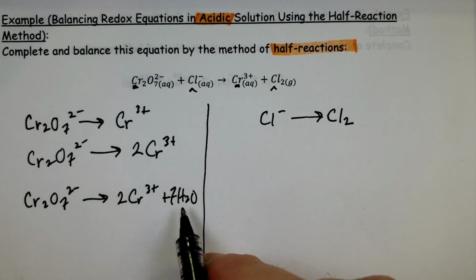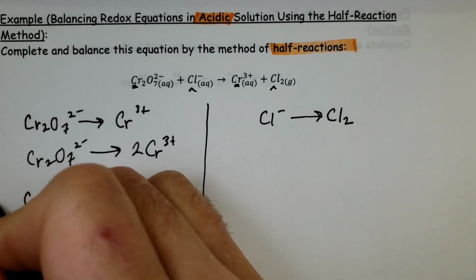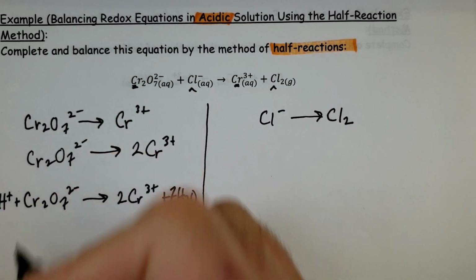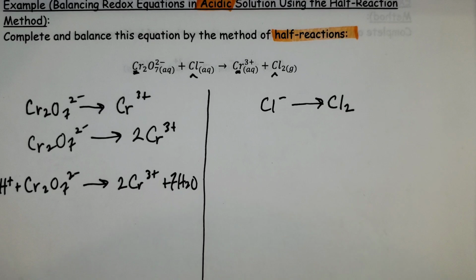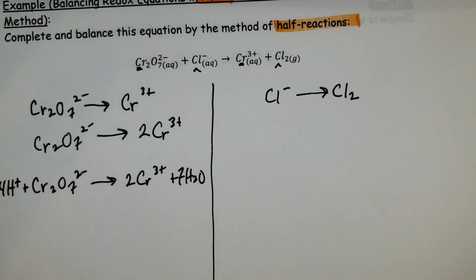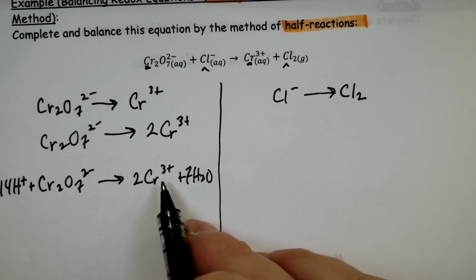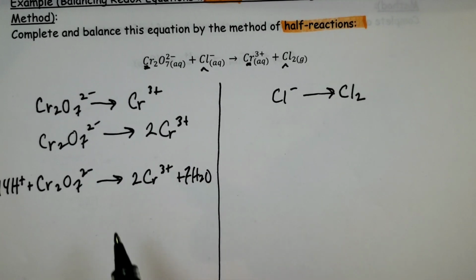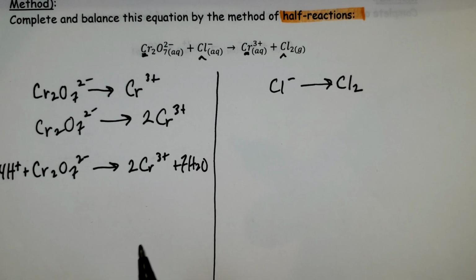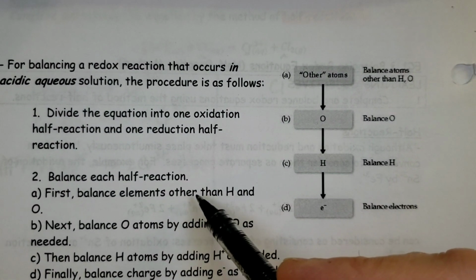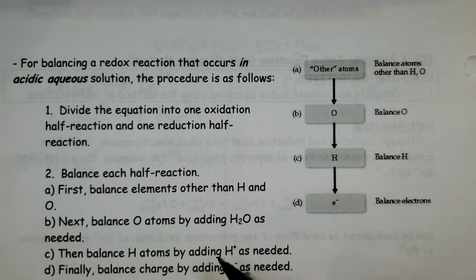And of course, the next step, look at that, I've added 7 times 2, I've added 14 H's, so I have to add 14 H's. So as you can see, that is balanced. I have 14 H's on each side, 2 Crs on each side, and 7 O's on each side. So I've completed all of these steps here: balanced anything that's not H or O, balanced O's, balanced H's.